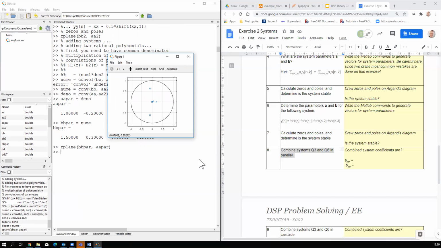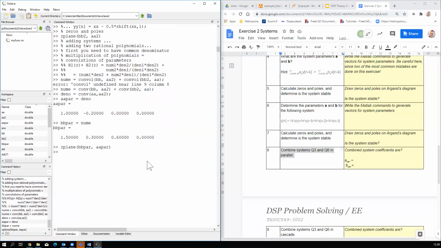And then these poles are actually at the same place. Okay. So that's how you calculate these parallel system coefficients when you have a system which has feedback.